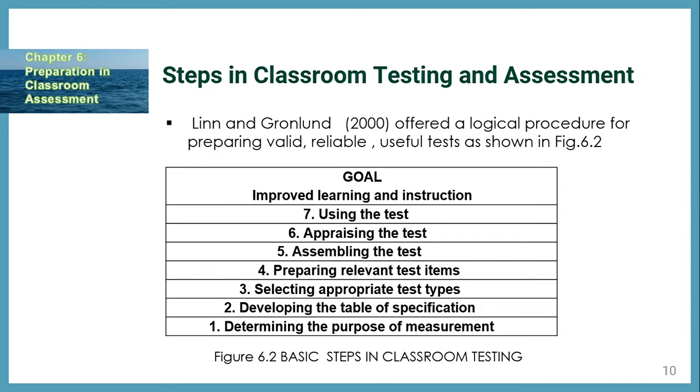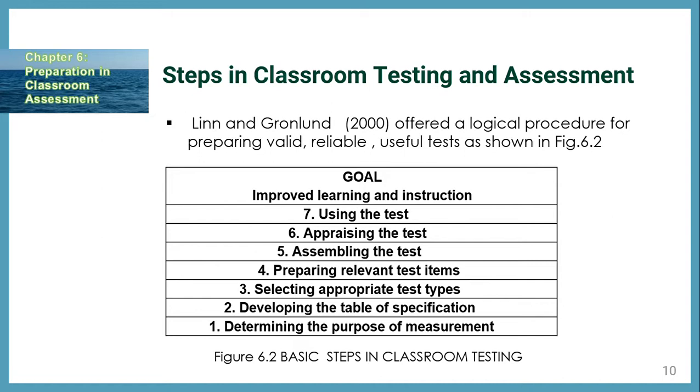So here are the steps in classroom testing and assessment, introduced by Linn and Gronlund in 2000, who offered a logical procedure for preparing valid, reliable, useful tests as shown in this figure. First, you determine the purpose of measurement.